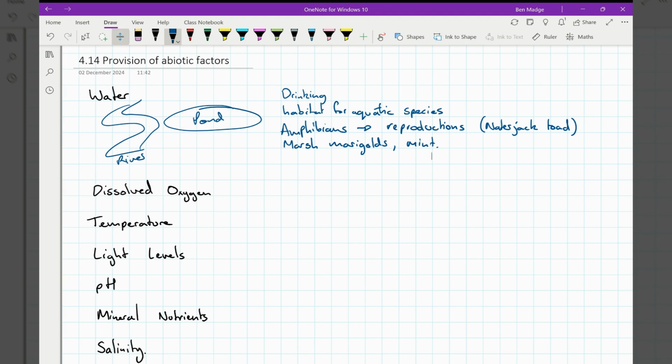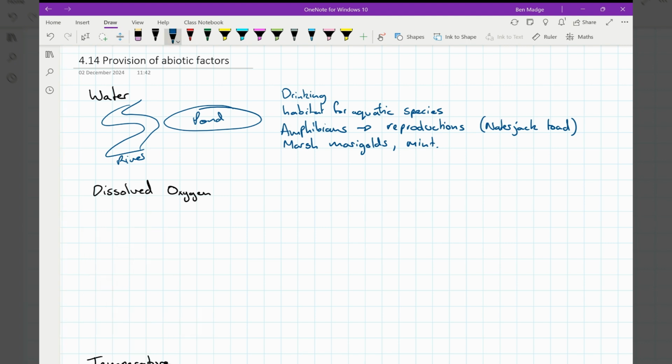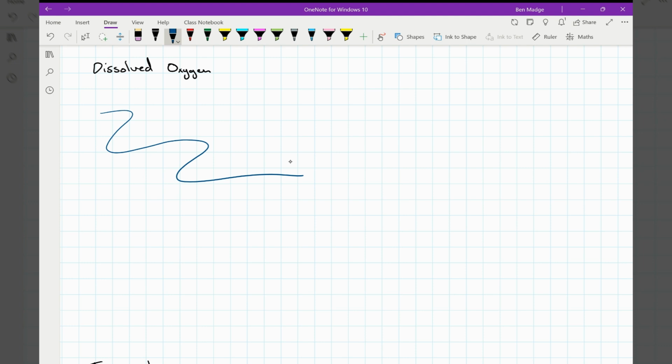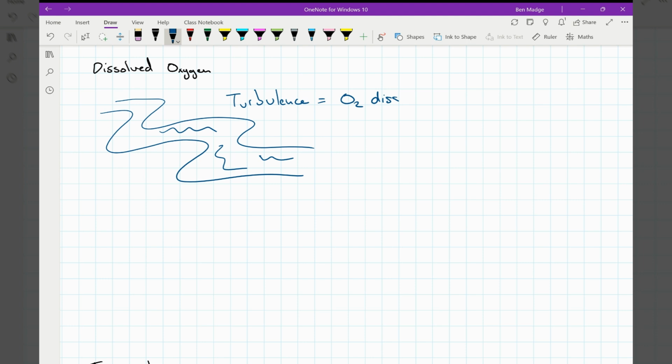Next one then is dissolved oxygen, and this is usually to do with flowing water or still water, so rivers or ponds. As water flows along and it is turbulent from the movement of the water, this allows oxygen to dissolve into it.